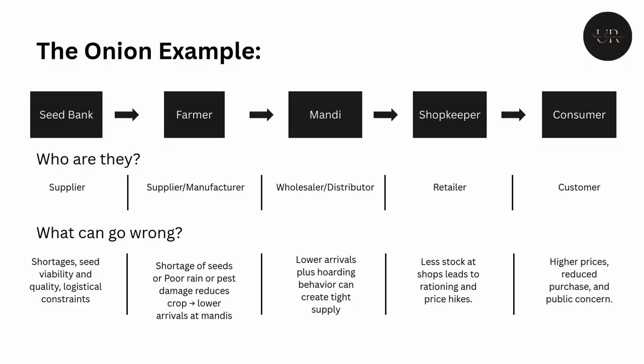As you have seen in September, there was a price hike. These can be the reasons why there are high prices for the onion, and hence the consumer might purchase less, and there would be public concern out of it.